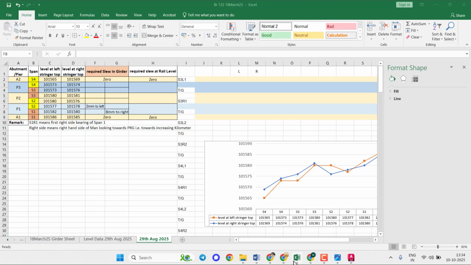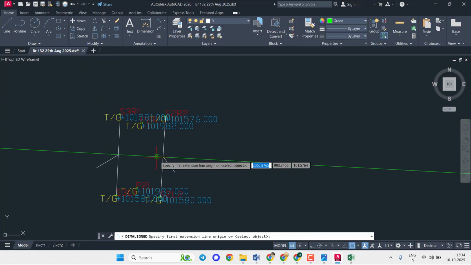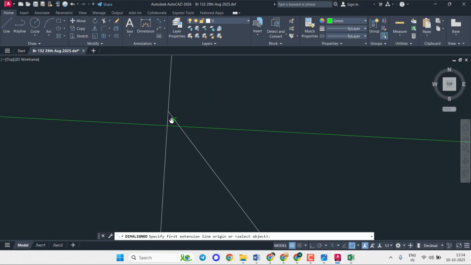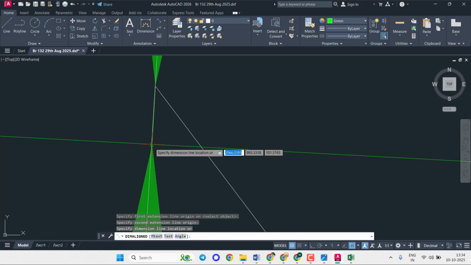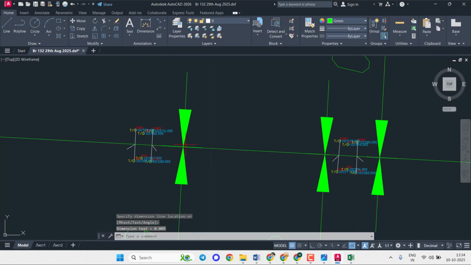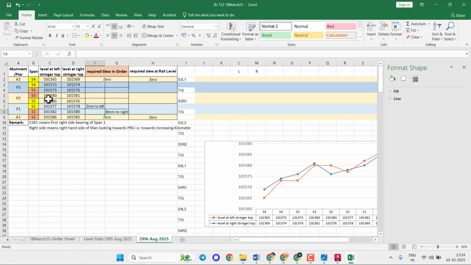Next is Pier 2 of S2. Nine mm to left. Alright, so S2 at Pier 2 is 9 mm to left.